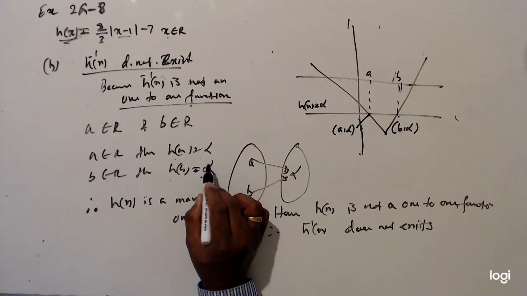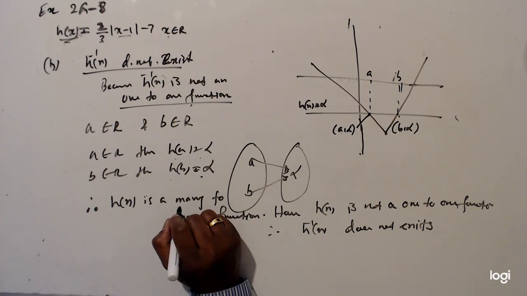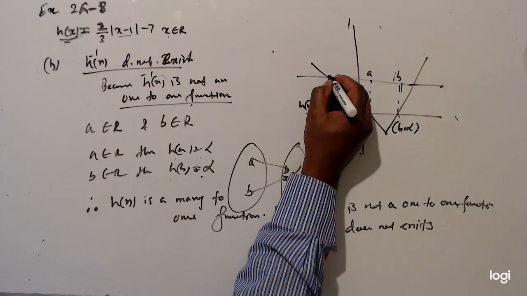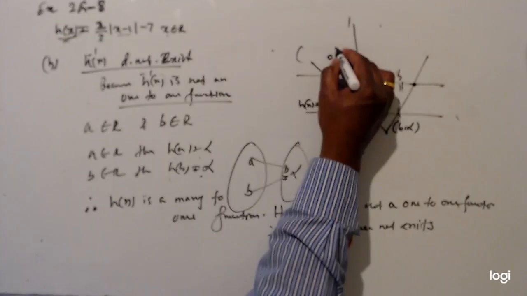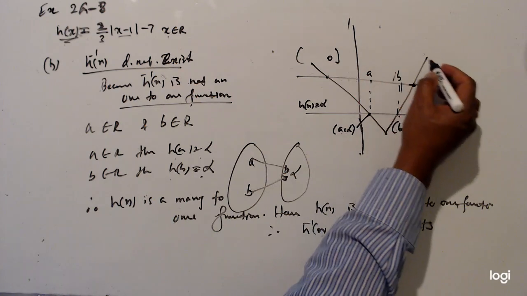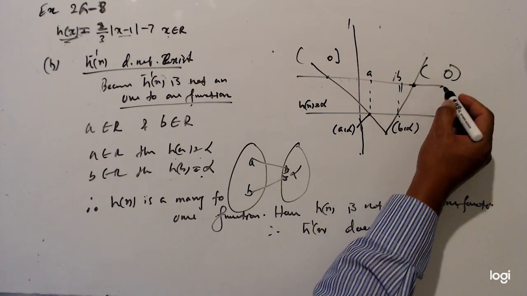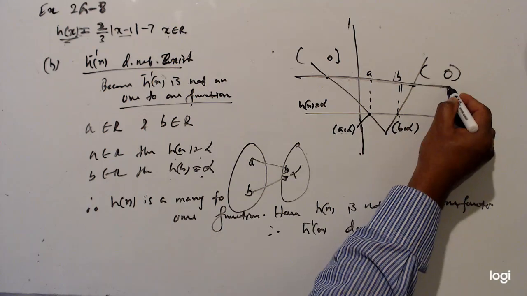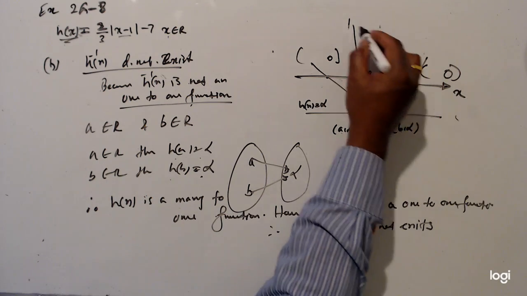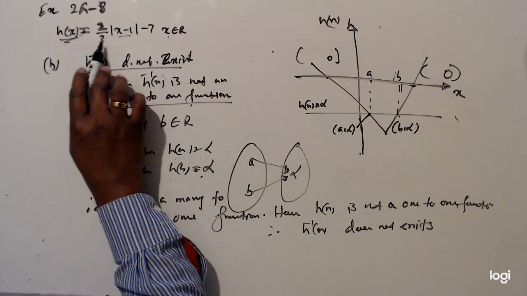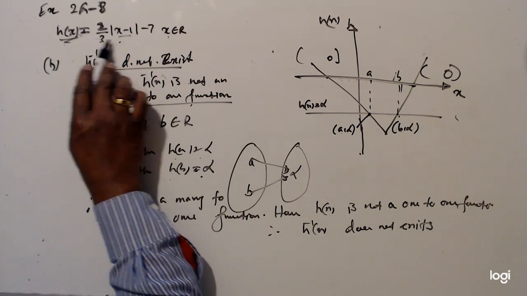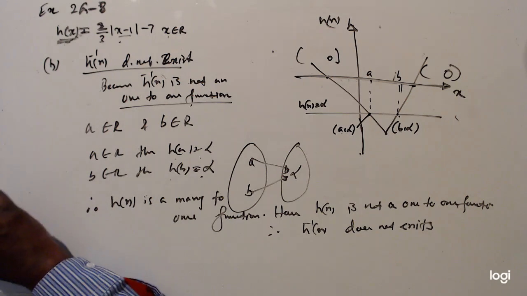If you don't want to write in terms of alpha, what you can do is find this point. At this point, the y value is 0, and at this point also the y value is 0, and this is the x-axis, and this is h(x). So we work out when h(x) equals 0.